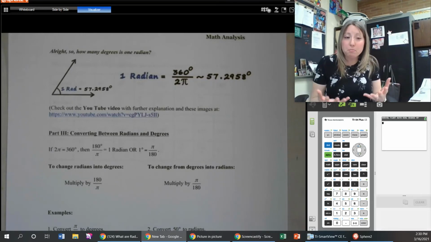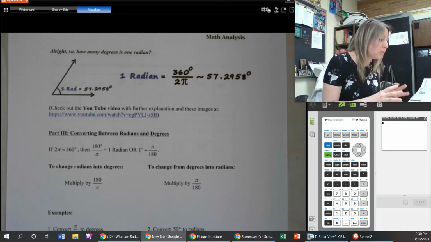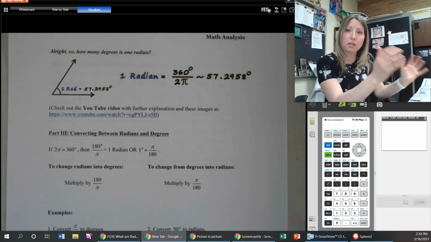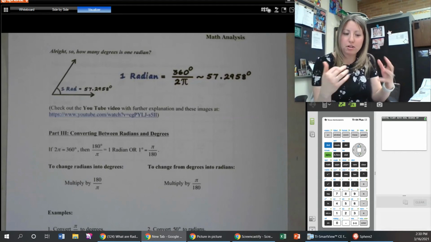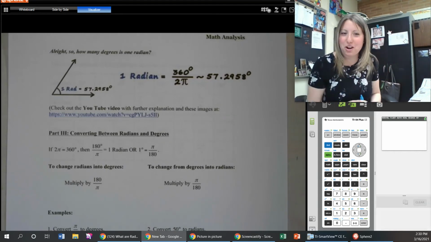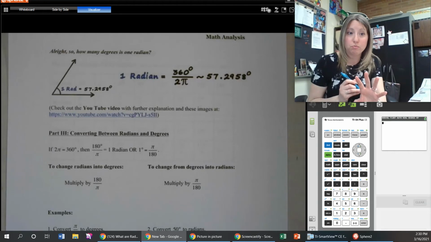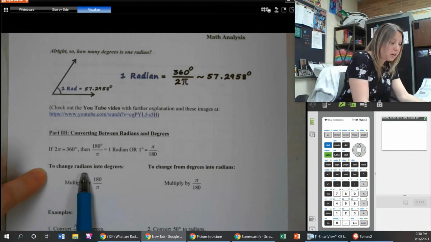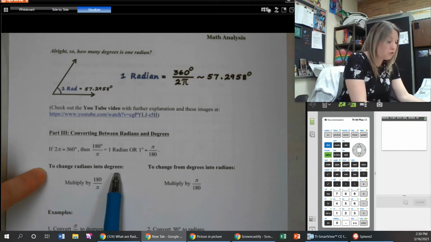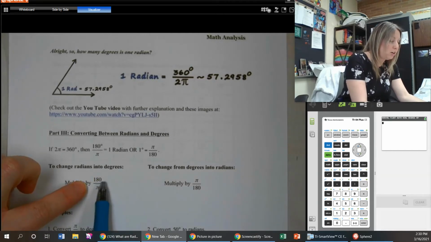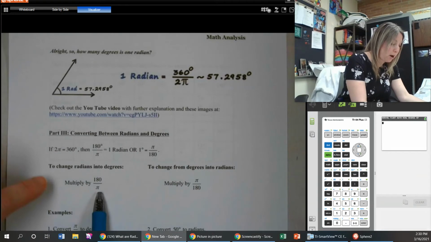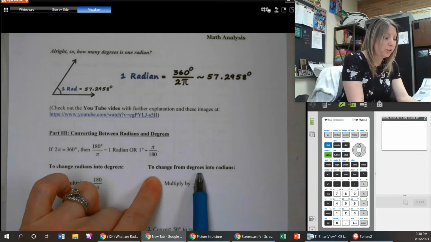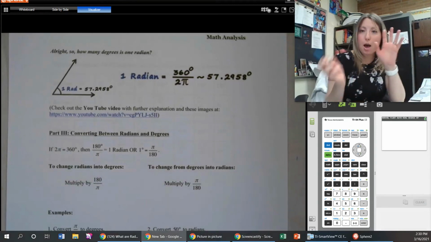This is something you'll want to apply, but I'm going to teach you a little bit of a go around as to how to figure out which one to use, right? So if you're changing from radians into degrees, you're going to multiply by 180 divided by pi, okay? If you're changing from degrees into radians, it's the opposite.